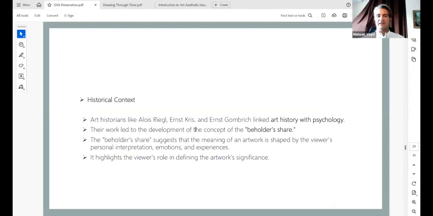This ended in the development of the concept of the beholder's share, which is simply the role of the viewer, the beholder, in completion of the work of art.